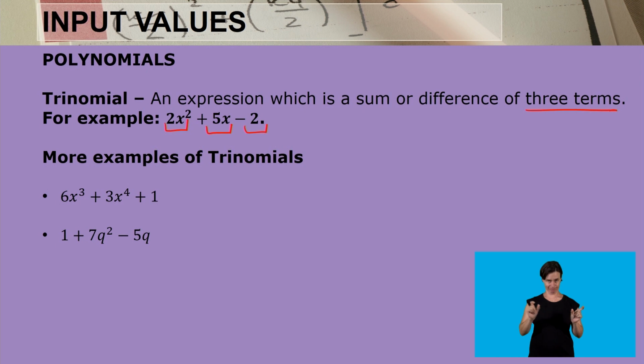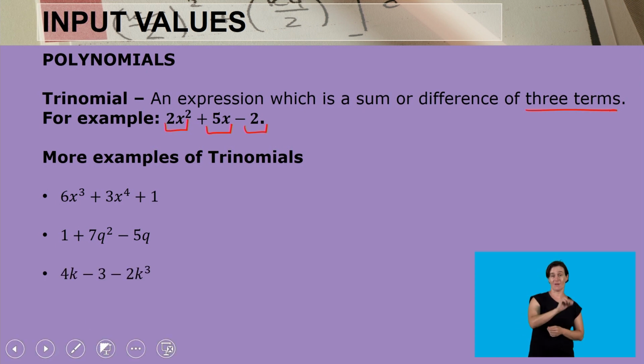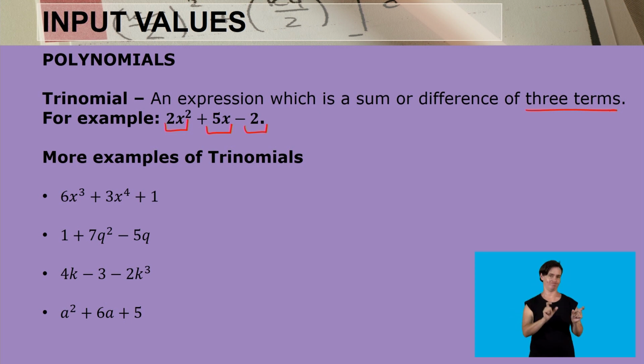Those are 3 terms. It's a trinomial. 4k minus 3 minus 2k cubed, that is a trinomial. And lastly, a squared plus 6a plus 5, those are 3 terms. That is a trinomial. So that is what polynomials are. We have monomials, binomials, and trinomials.